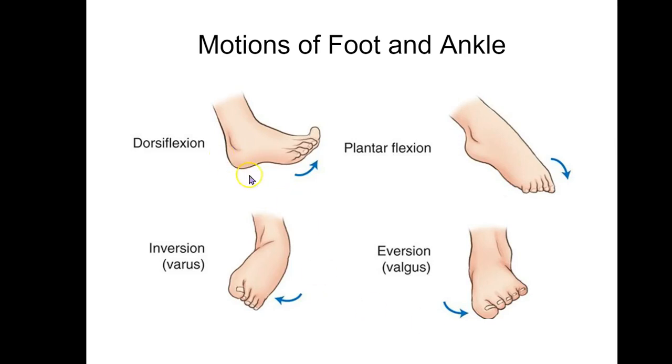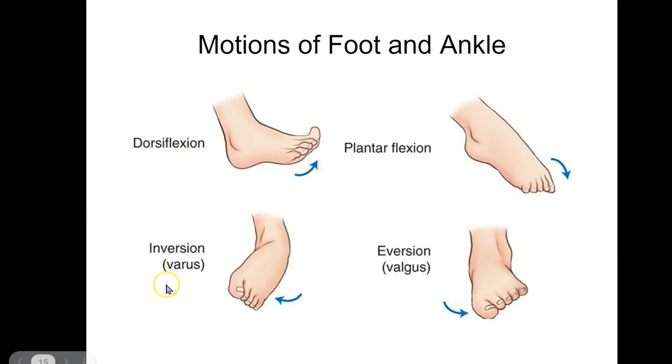In other words, you are decreasing the angle between the dorsum and the lower leg. You are flexing that ankle joint. I like to tell my patients, point your toes up towards the ceiling or point your toes back towards your body, however you'd like to say it. The opposite of dorsiflexion is plantar flexion. That is when you extend the ankle joint or point the toes downward. I need you to know these, and they are opposites.